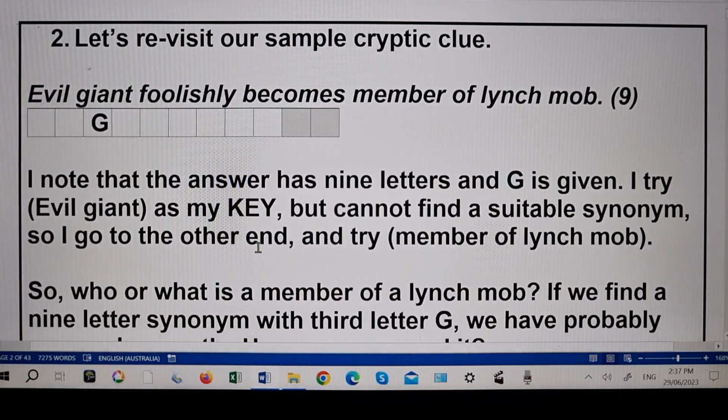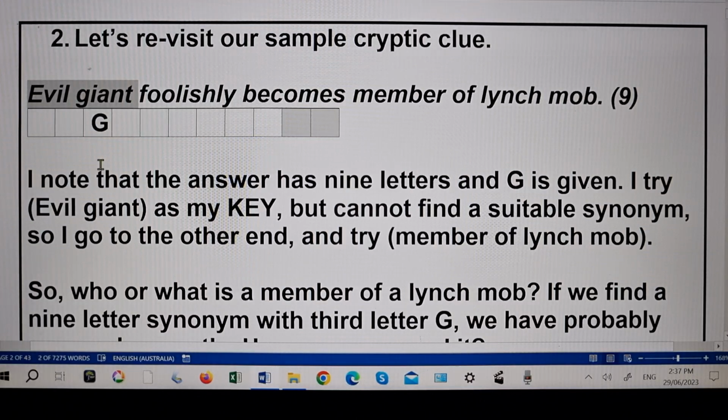Let's revisit our sample cryptic clue. Evil giant foolishly becomes member of lynch mob. As we said, there are 9 spaces to fill with G as given. I try evil giant as my key, and I think of a synonym for evil giant, to see if I can get one with 9 letters in it and a G as third.